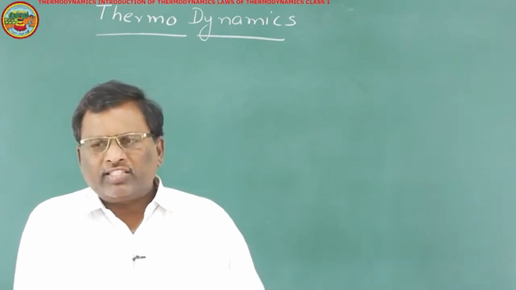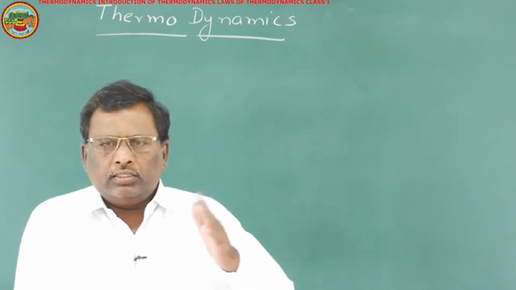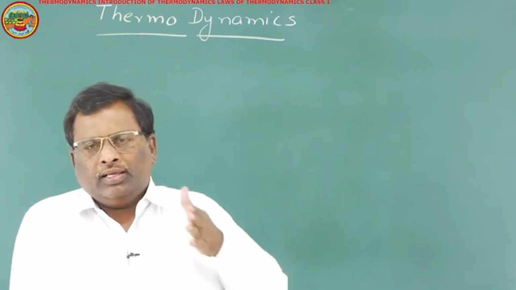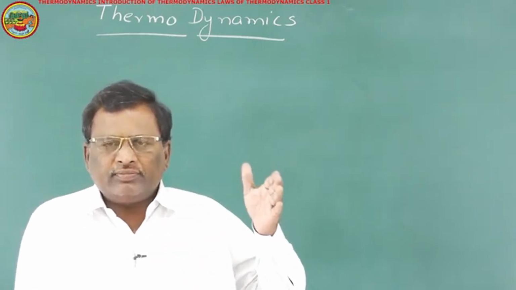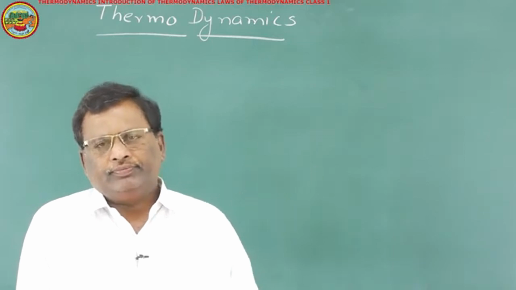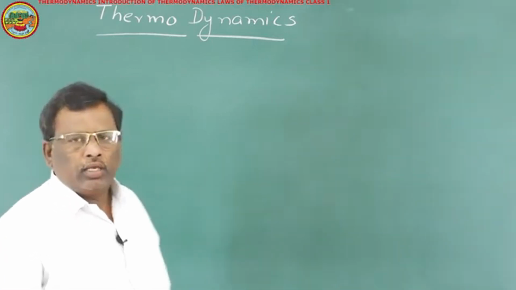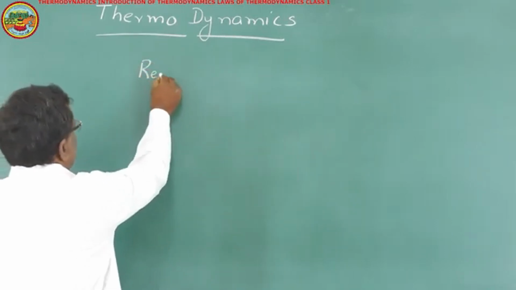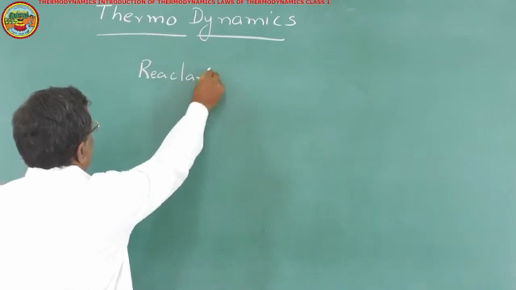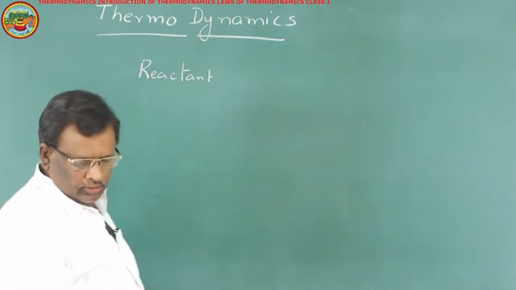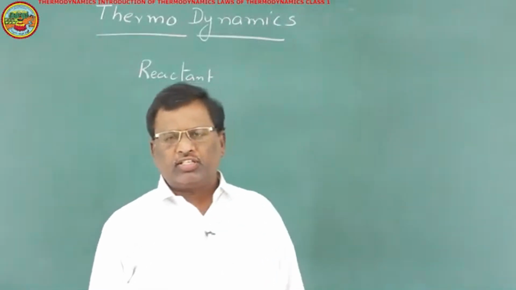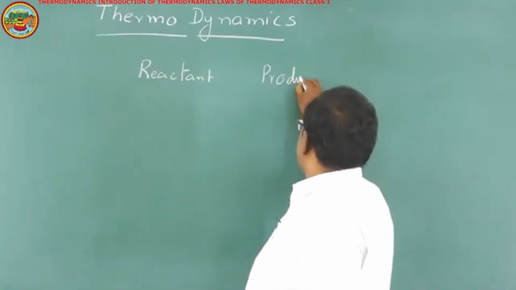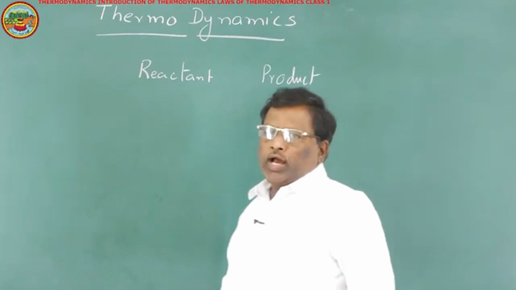But when a substance converts from one form to another form, the difference in the internal energies can be calculated. That means, in a chemical reaction, the species involved in the reaction are said to be reactants, and the substance which is produced is said to be the product.